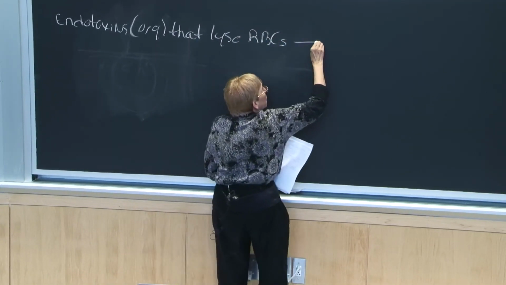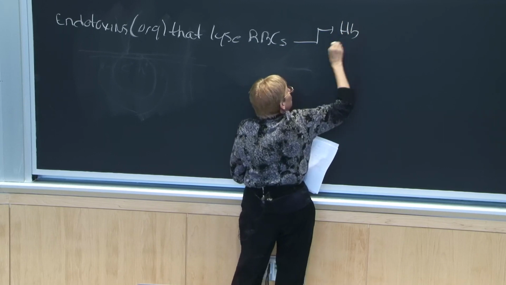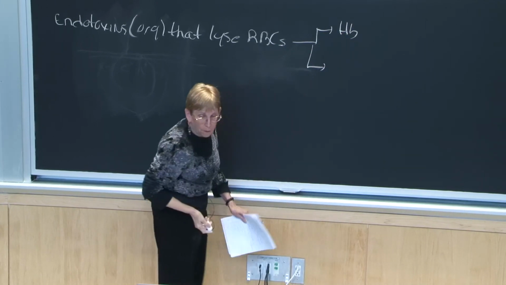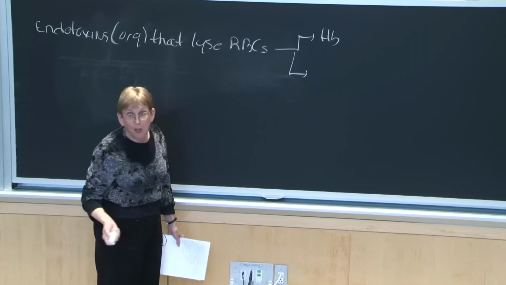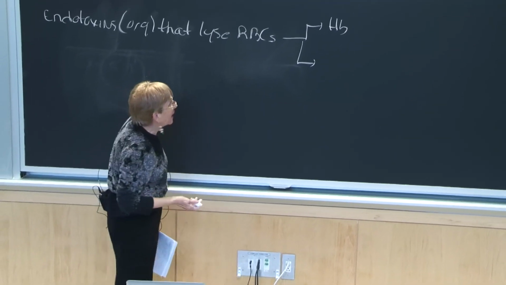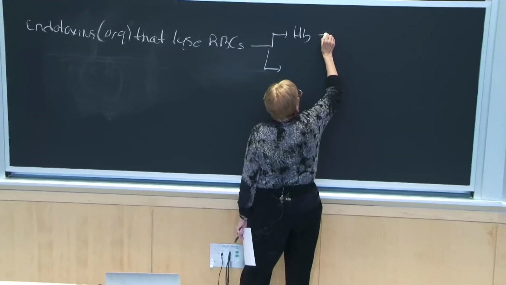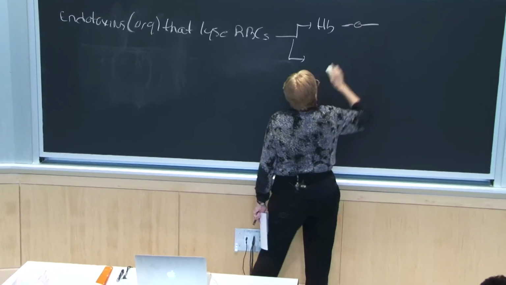And so what you get out then is hemoglobin, which again has 4 hemes and iron, and the key thing is to get the iron out of the heme, so you want to be able to extract the iron out of the heme.